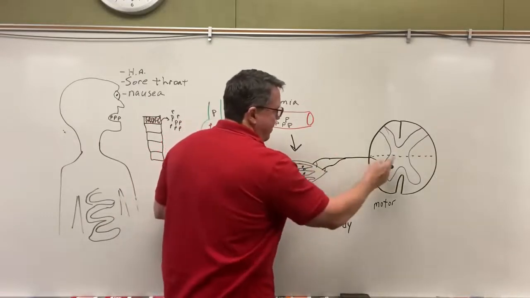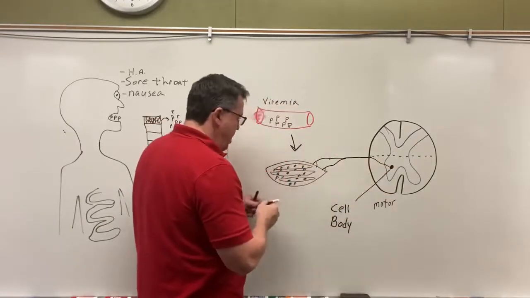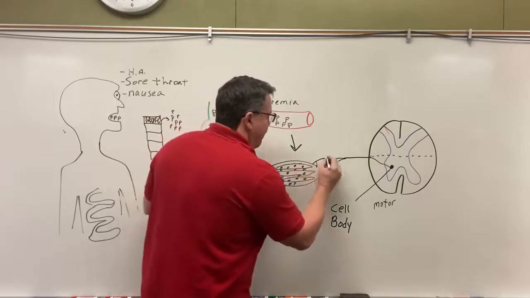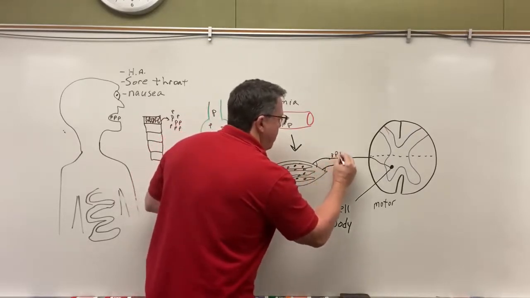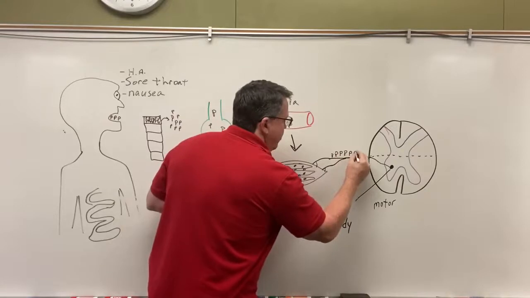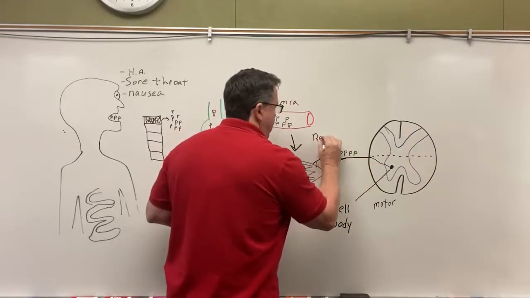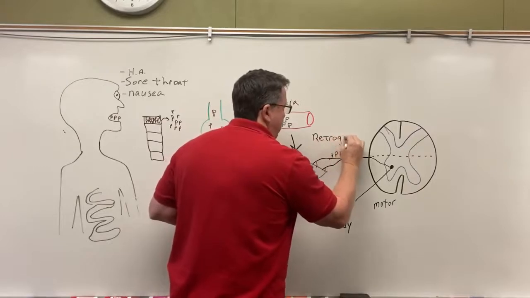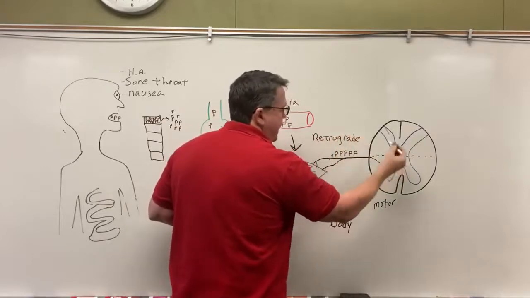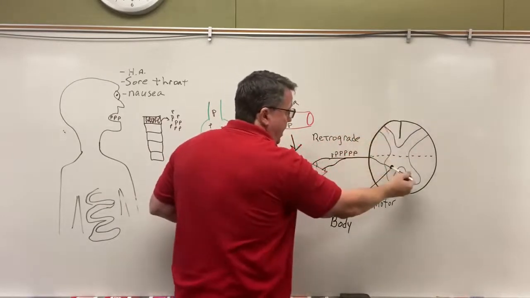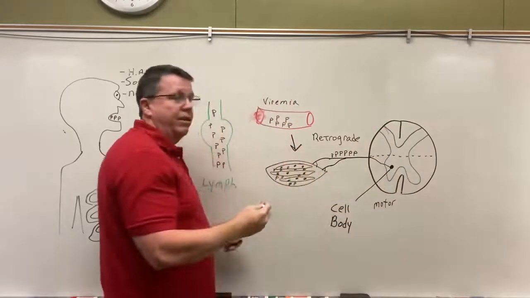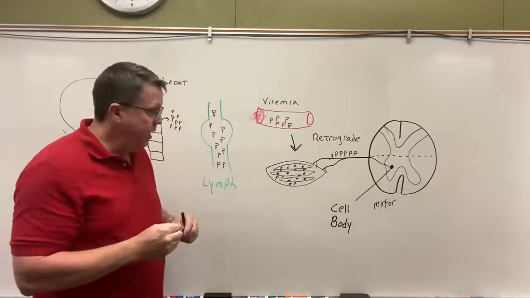And by the way, it doesn't come out this way. It should actually come down around this way. This is going to start to travel. So my polio viruses start to travel towards the cell body. This is called retrograde. Okay, and the reason they call it that is because usually I get impulses coming down from the brain, they hit the cell body and they come out to the nerve, and the nerves contract.